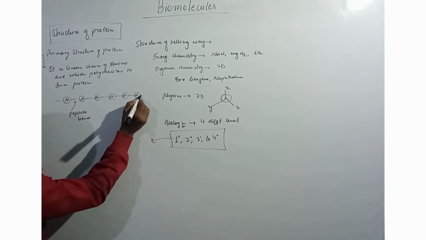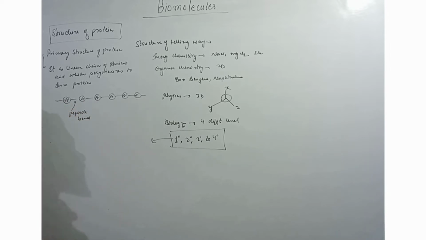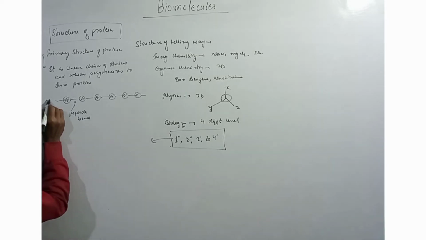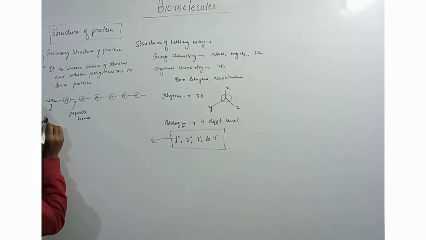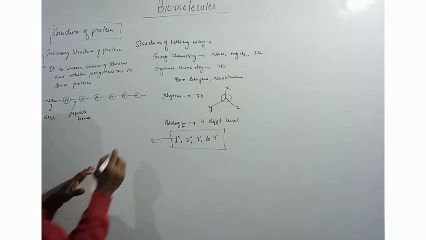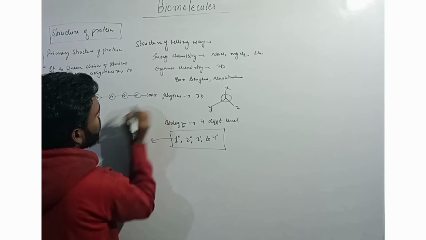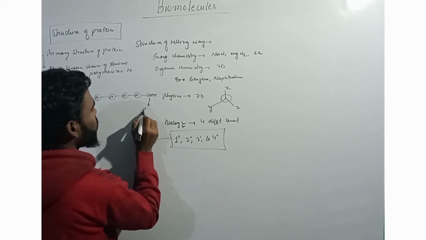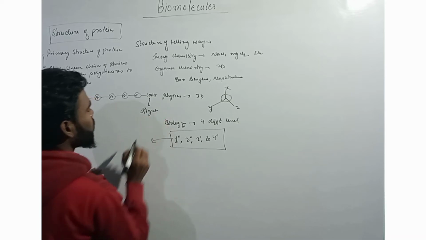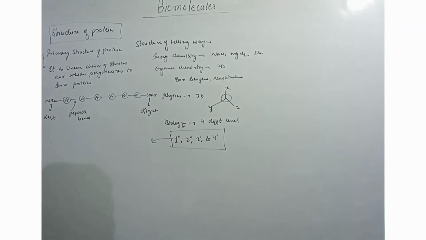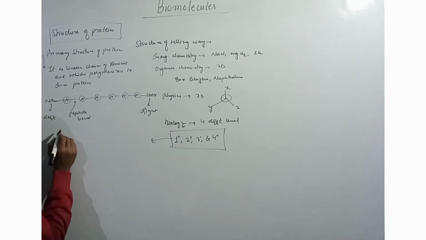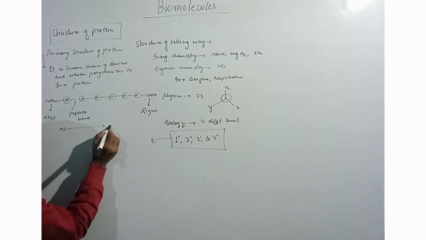Now when talking about the first amino acid, it is free and contains an NH2 group. That is called the left end, and at the right end there is a free COOH group. That is called the right end. So the amino acids are arranged in the fashion of N terminal to C terminal.